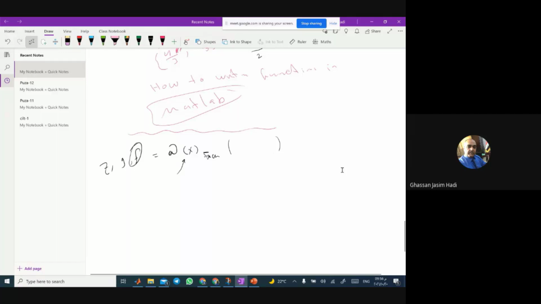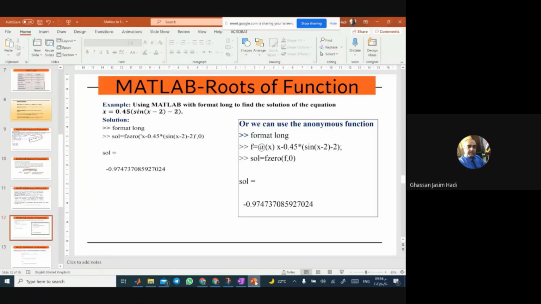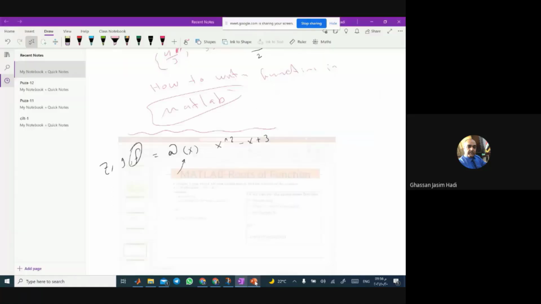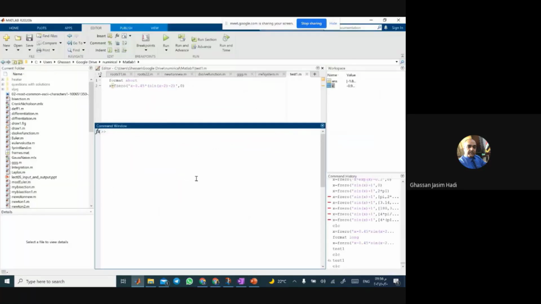For example, at space x square minus x plus 3, just like this. Let's try it.